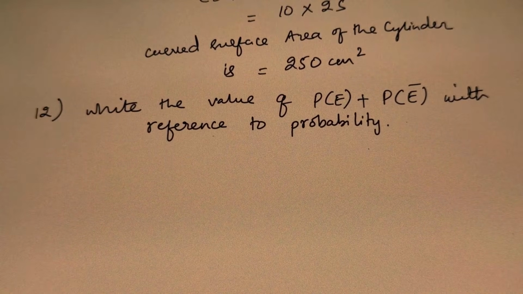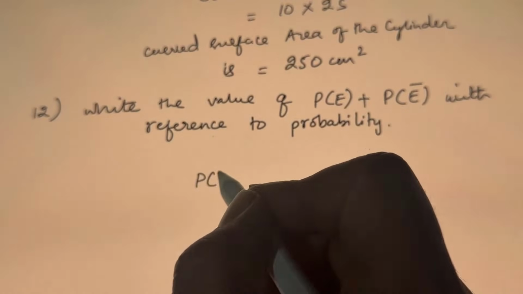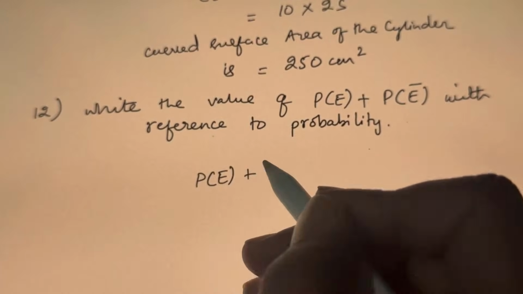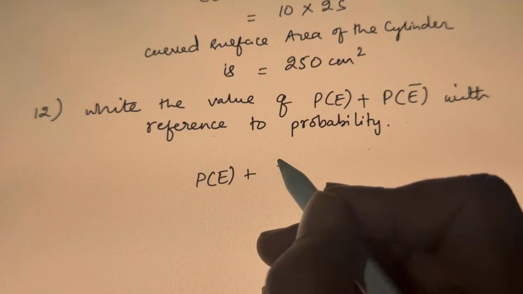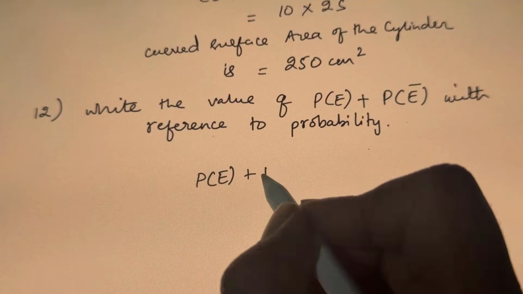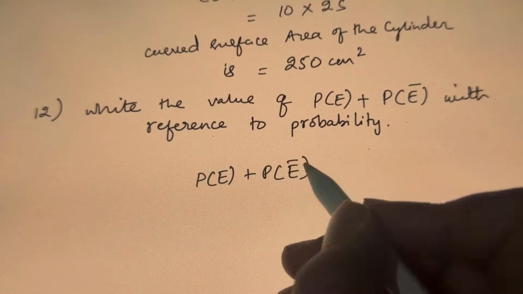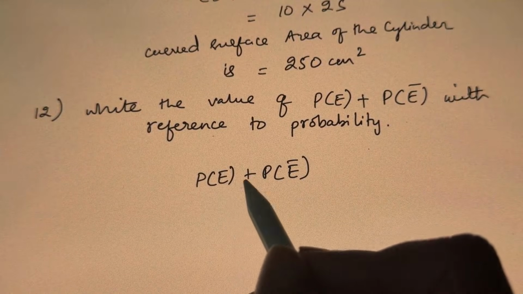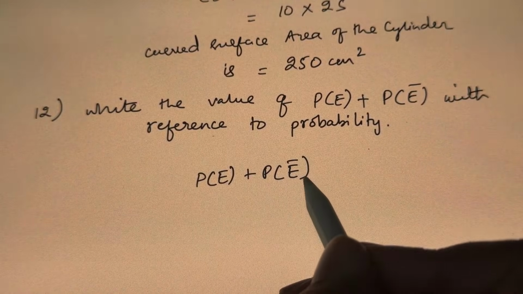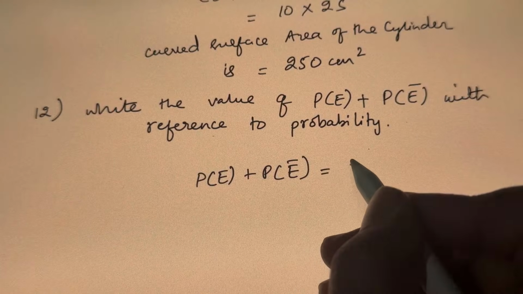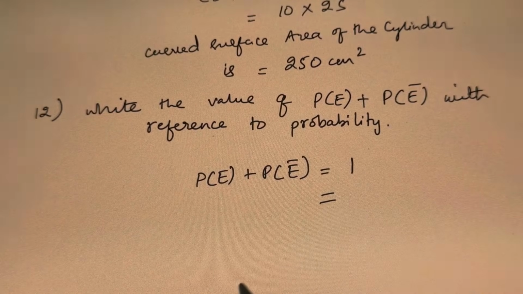So by using the properties of probability, the probability of an event is considered as P of E. The probability of not having an event is P of E bar. So probability of having an event plus probability of not having an event is equal to 1. So this is the basic property of probability.